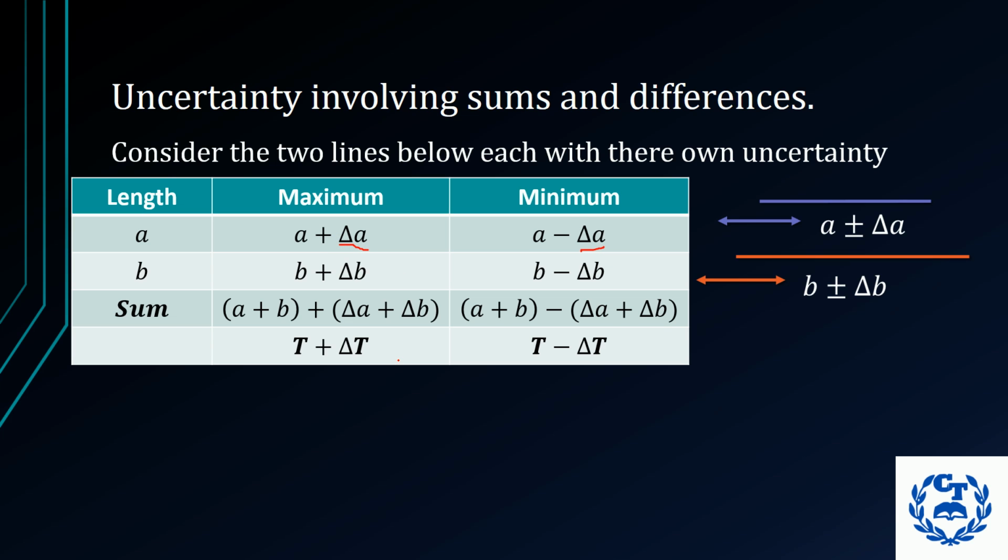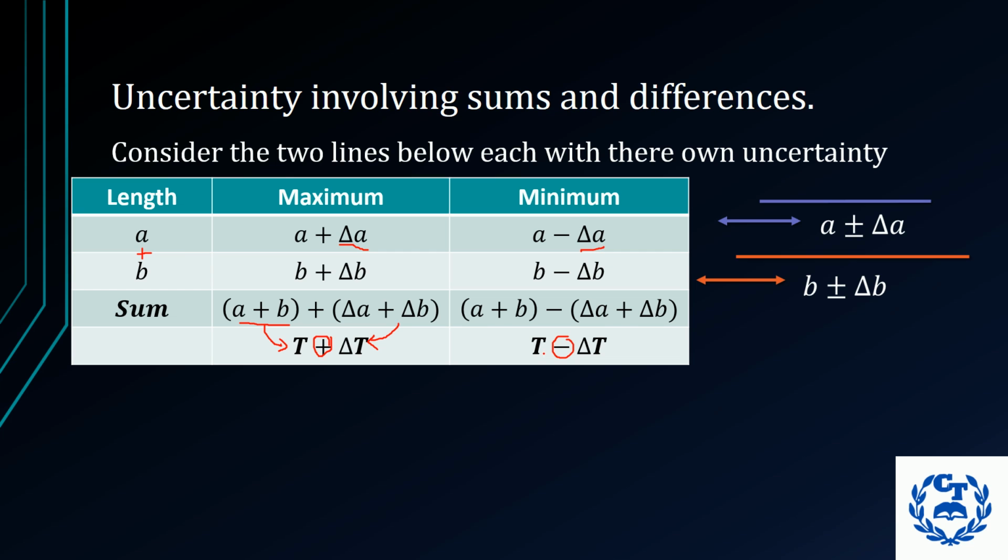Similarly for B. If we were to take these two values of length and add them together, we would see that the maximum values when added together would yield this, and the minimum values when added together would yield this. Notice that at the end of it, they will still give the same answer, the total value itself and the total uncertainty. The only difference between them is the signs that they experience, which is one is positive, one is negative.